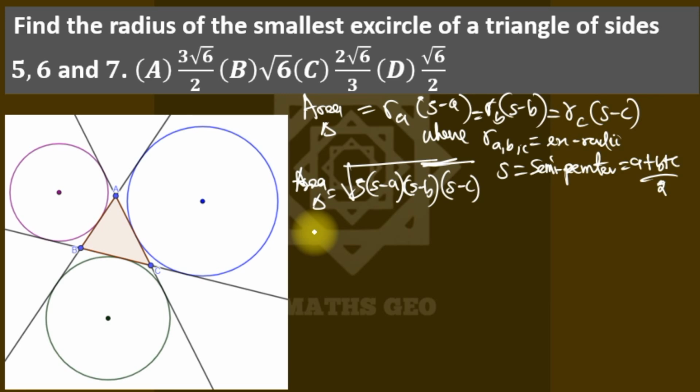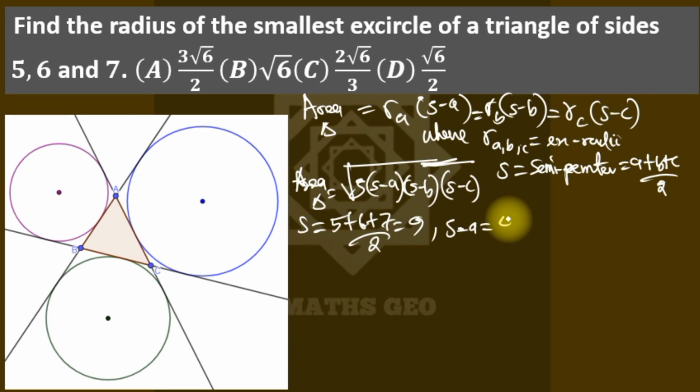So let's calculate each of them. The semi-perimeter is (5 plus 6 plus 7) over 2, which is 9. So S minus A is 9 minus 5, which is 4.